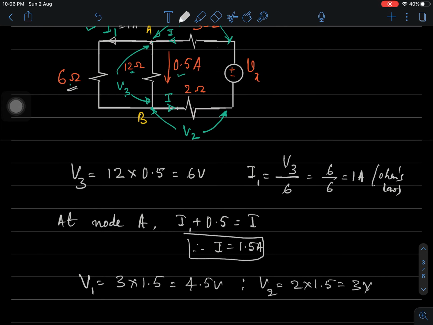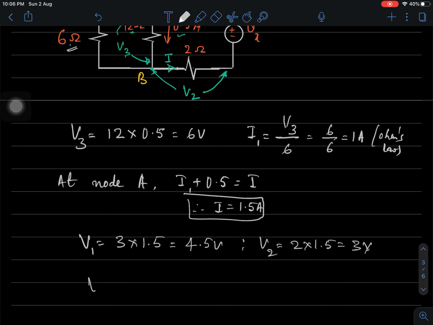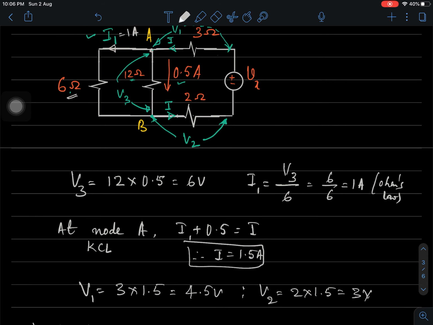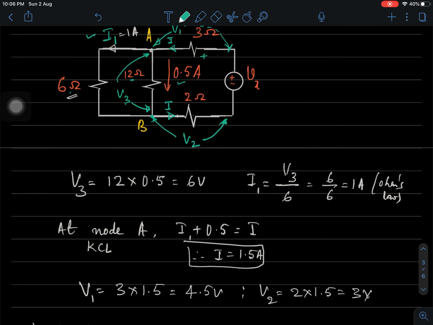Therefore our Vx is simply the sum of the 3 voltages. Now we are applying KVL. That was KCL. What is Vx equal to? This end is positive, this is negative, positive, negative, positive, negative.